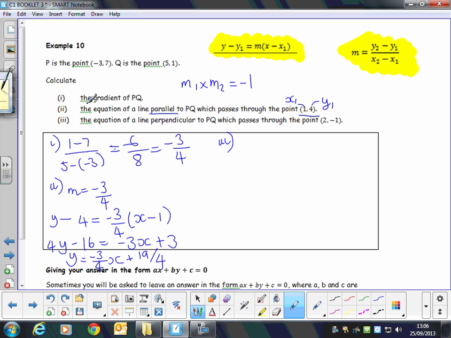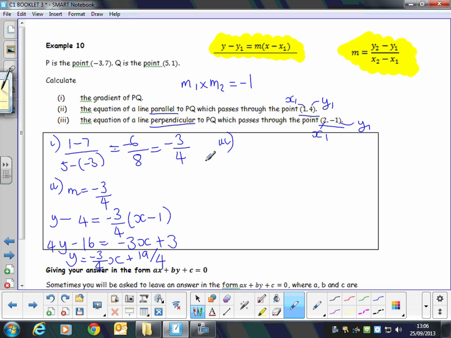For part 3, I want the equation of a line perpendicular to PQ which passes through this point. So this is going to be my x1 this time, and this is going to be my y1. But I want the equation of a line that's perpendicular to PQ, so the line is going to be at right angles to PQ.